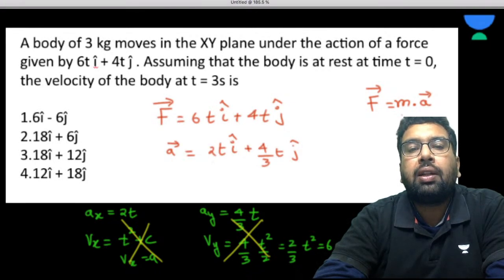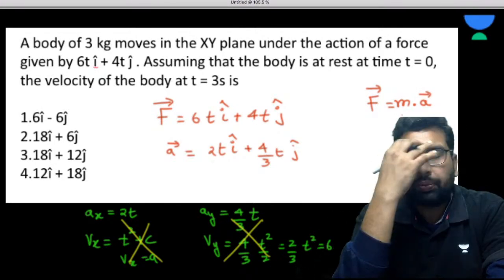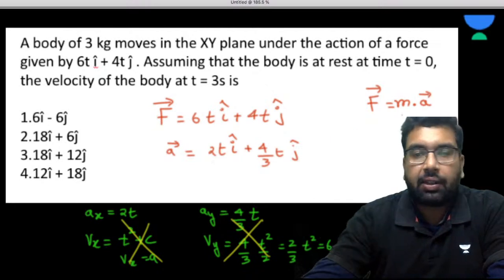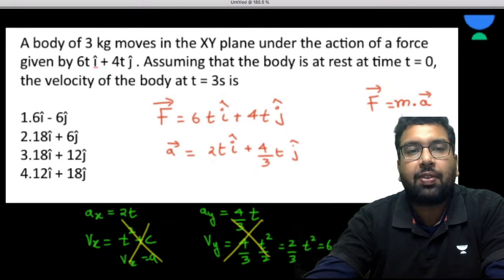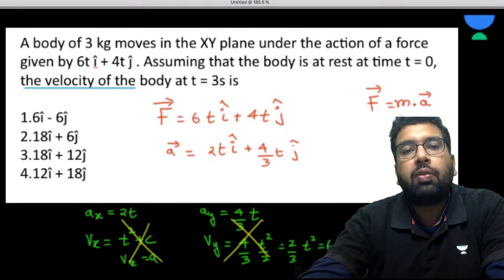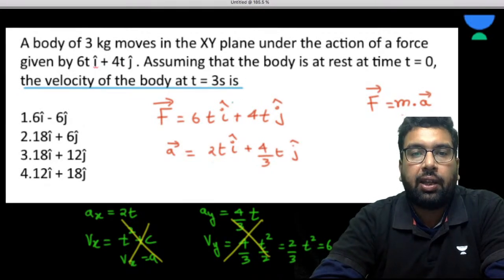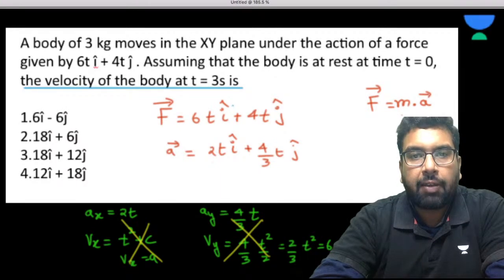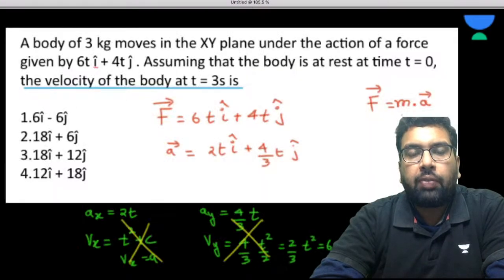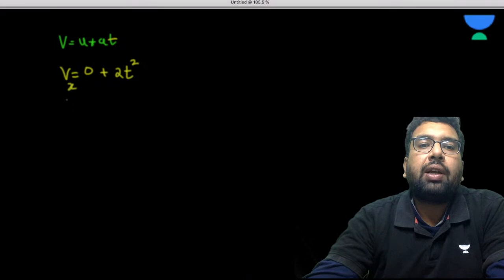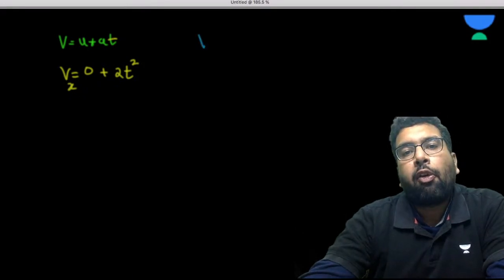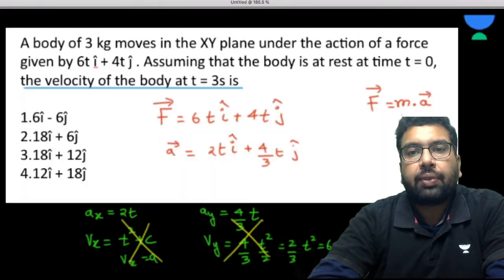That is why we have to read the question carefully first. It says the velocity of the body at t equal to 3 seconds, so they are asking you the final velocity. So the final velocity is going to be Vx equal to 2t square, and similarly Vy is going to be how much?